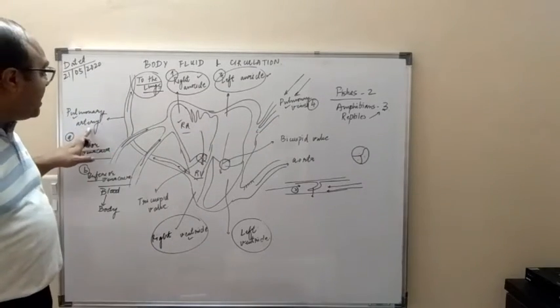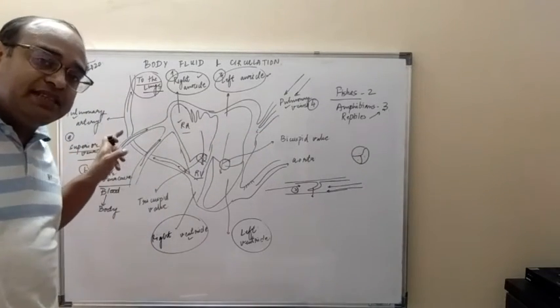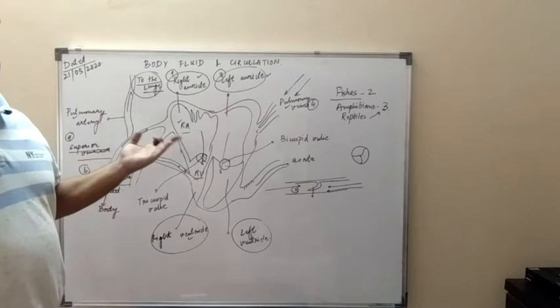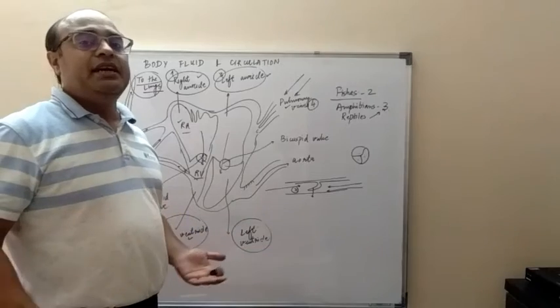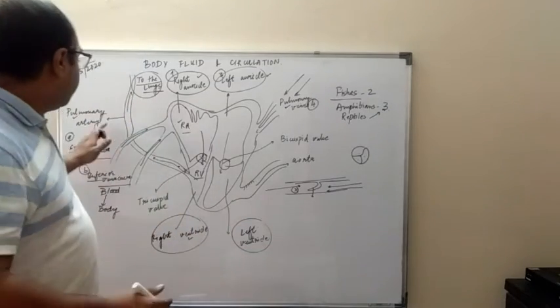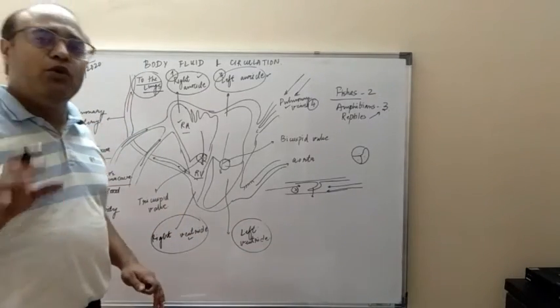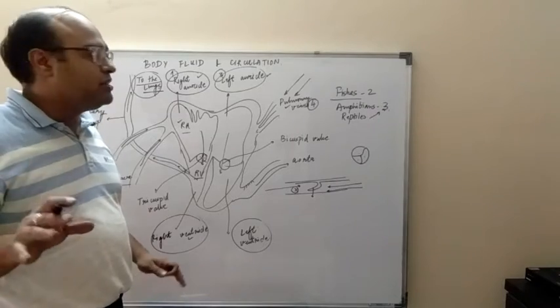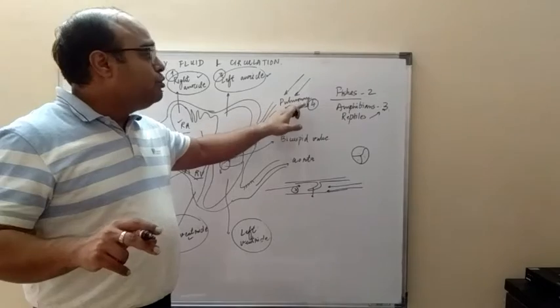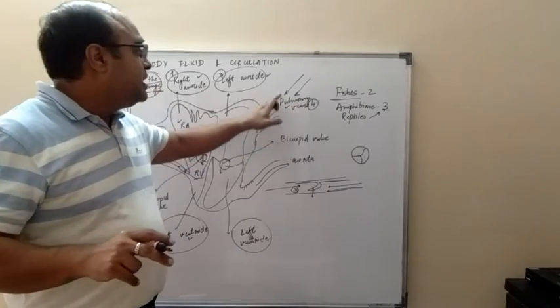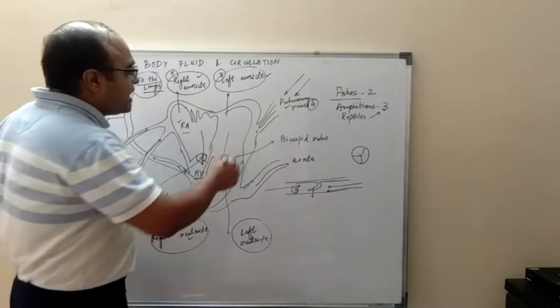Likewise, the pulmonary artery is the only artery which carries deoxygenated blood in the body. Otherwise, all the arteries carry oxygenated blood.